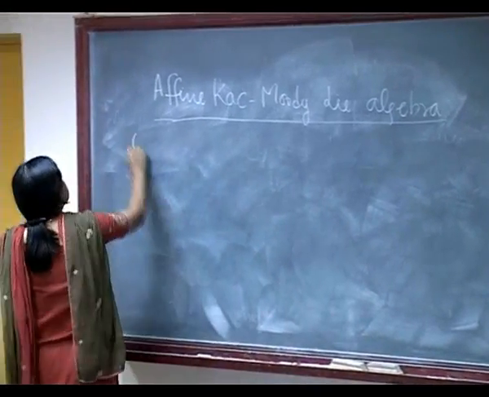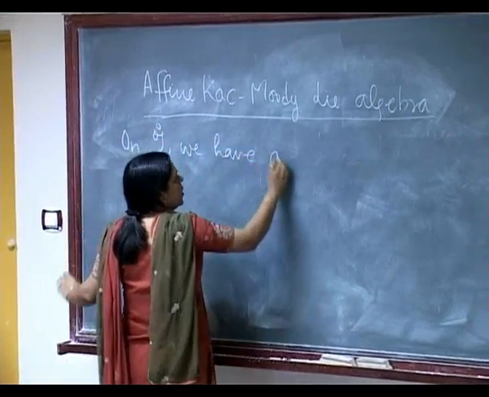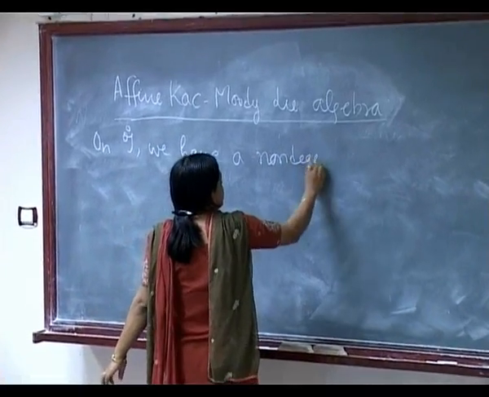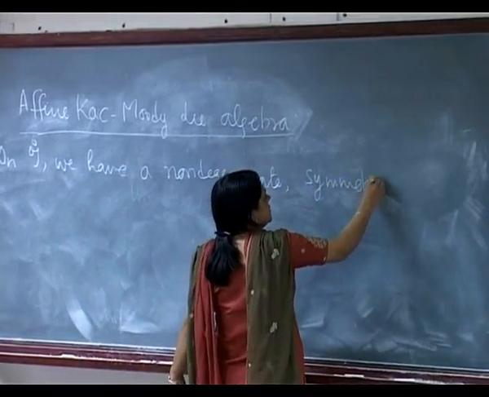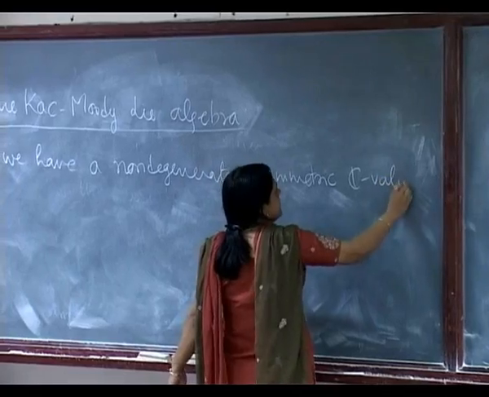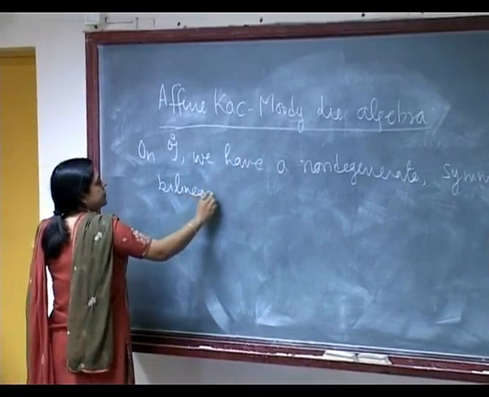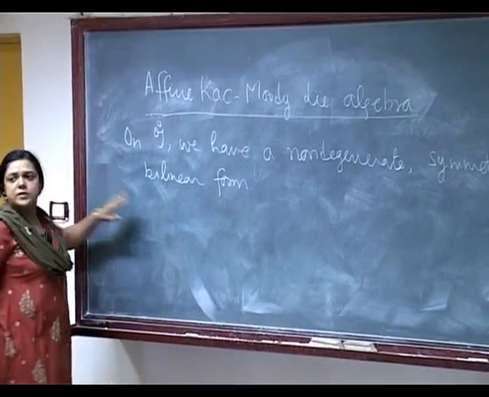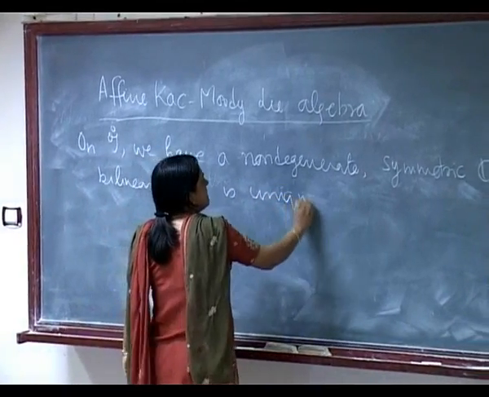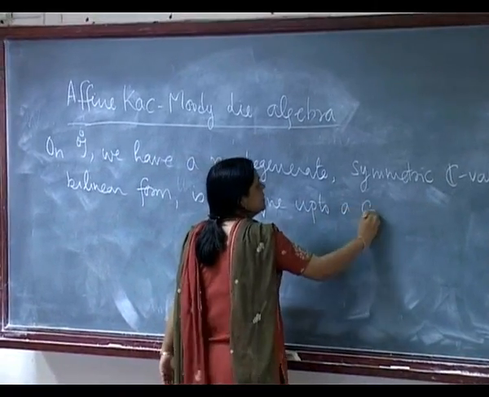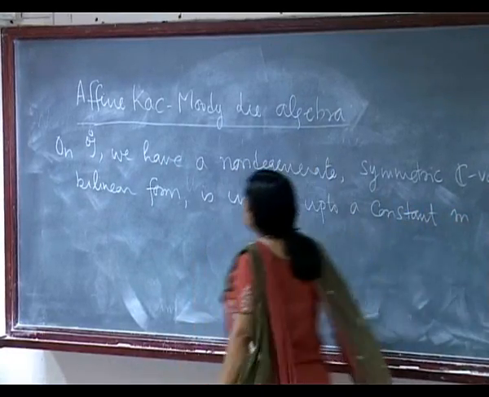So on G naught we have a non-degenerate symmetric complex valued bilinear form, and which is unique up to a constant multiple. So we call this form this.